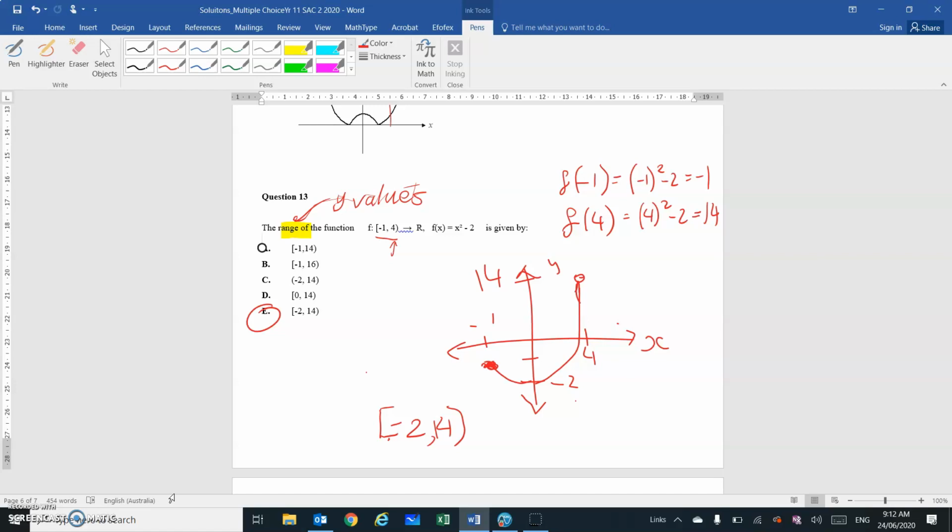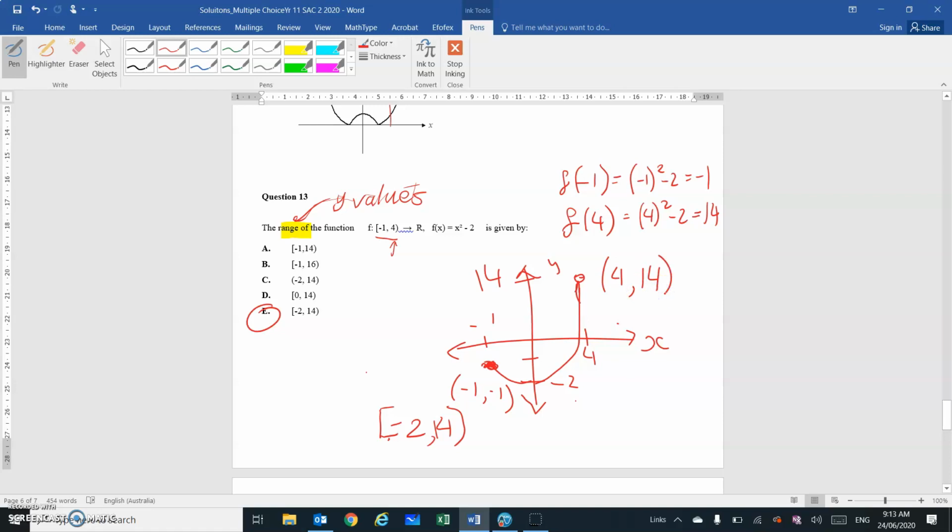We put in the endpoints, so we need to find the corresponding y values for those endpoints. That's why I've subbed in -1 and 4 into those equations, and we get the corresponding y values of -1 and 14. So we've got those corresponding points, -1, -1, and 4, 14.